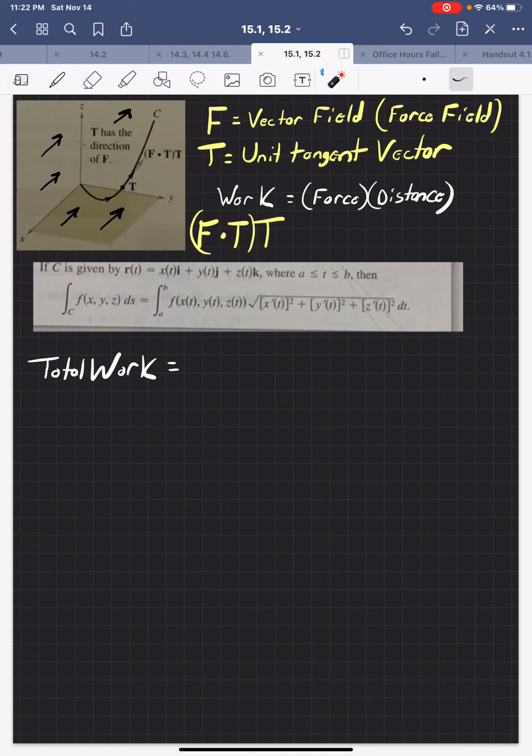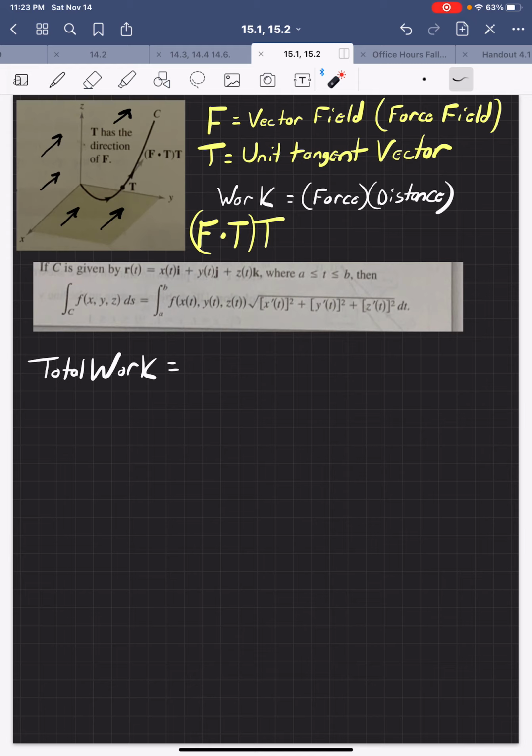So it ends up looking like this. I hope I'm using the physics language correctly here, but mathematically, as long as your arc is small enough, you can find the amount of work being done at that point by simply calculating force times distance, which would end up being the dot product F dot T times the length of that small little arc.